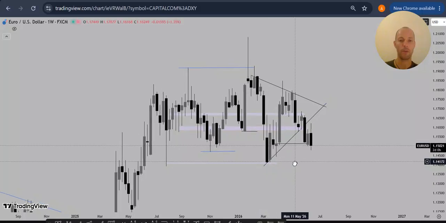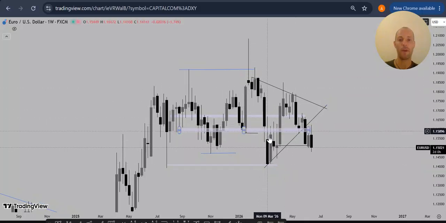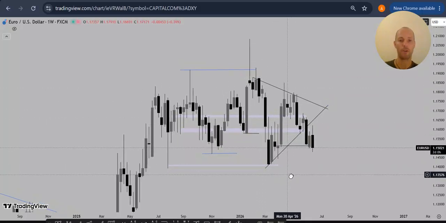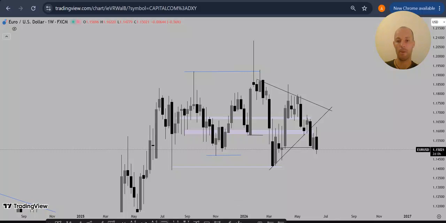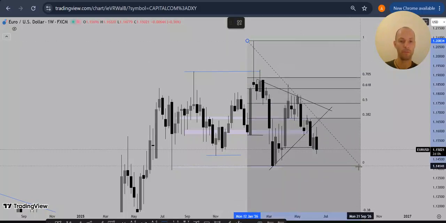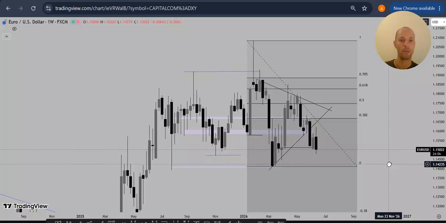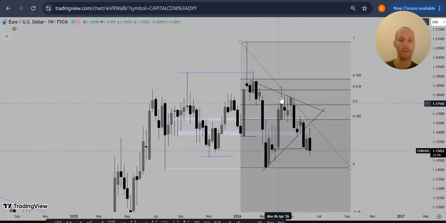That gives us a confirmation that we're bearish. Now we're going to measure this with our fib tool, and price came back to the classical 61.8 level and then reacted from there.